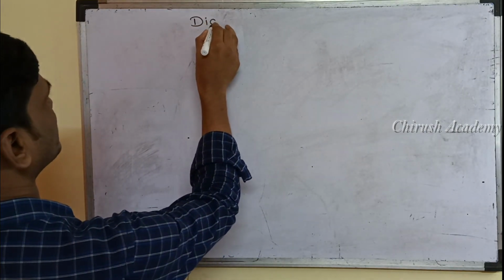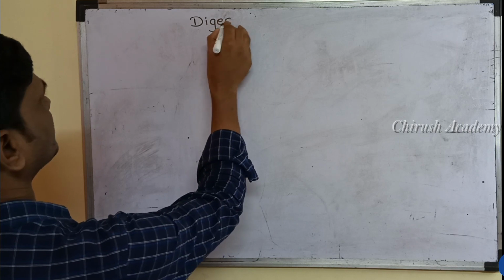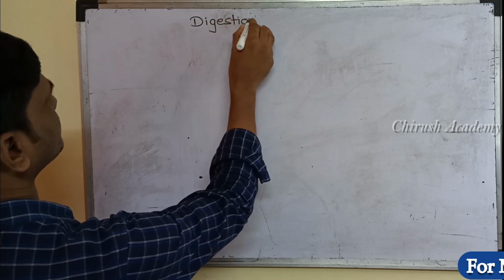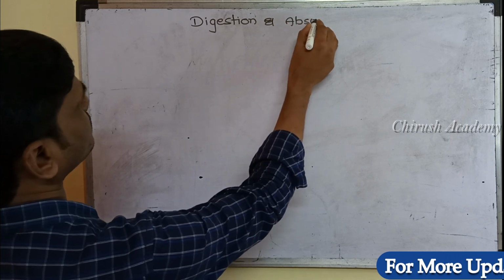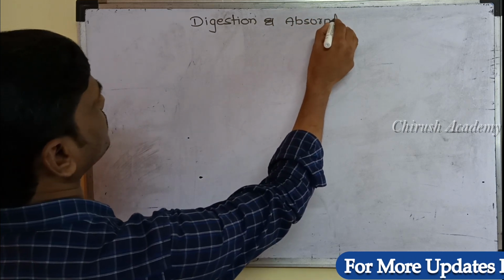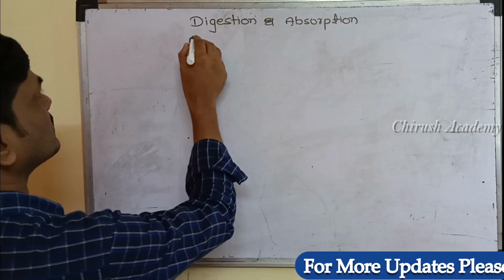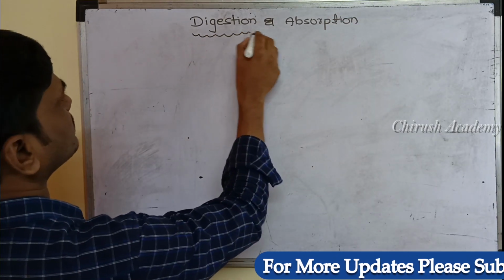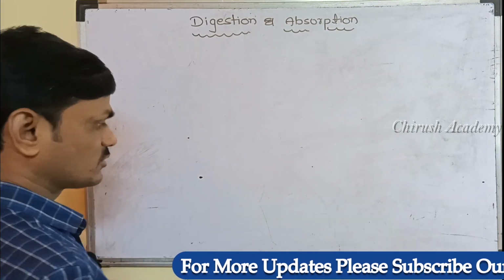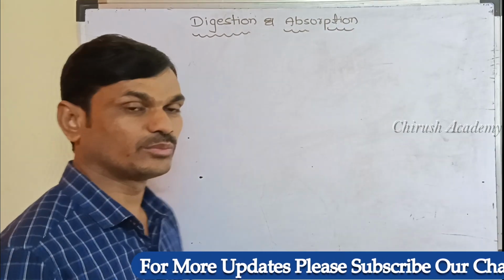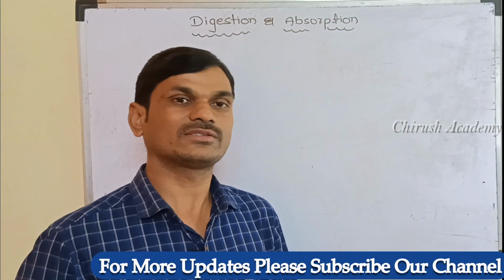So we are starting with a new chapter, digestion and absorption. Basically, the human body is composed of trillions of cells.